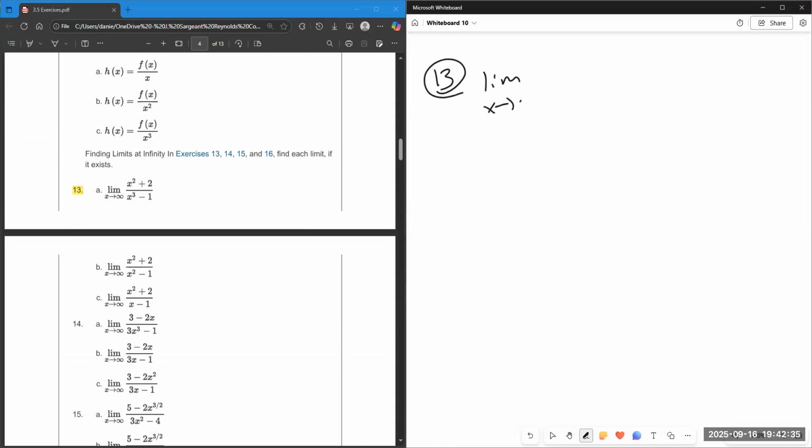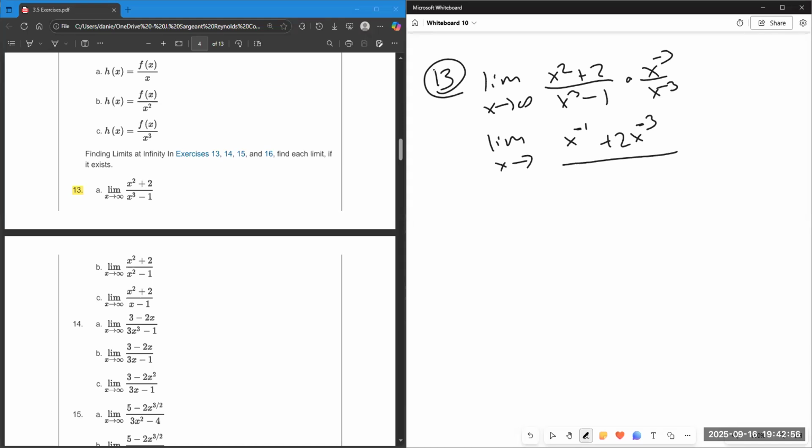I'm going to use negative exponents instead of writing fractions now. I think you get an idea what I'm talking about, and that it's going to be easy for me to say that anything where I end up with a negative exponent is going to go to 0.